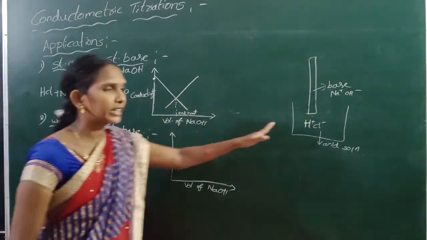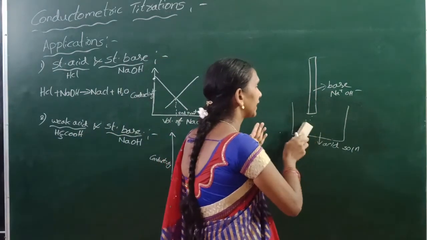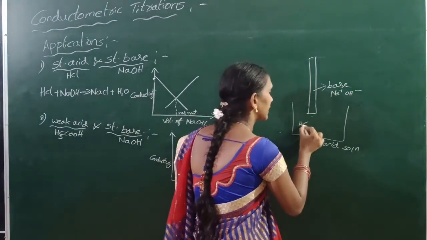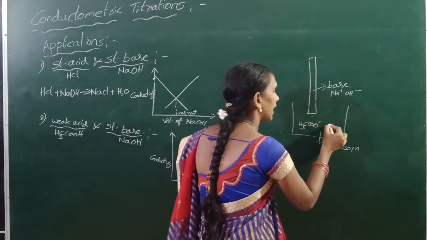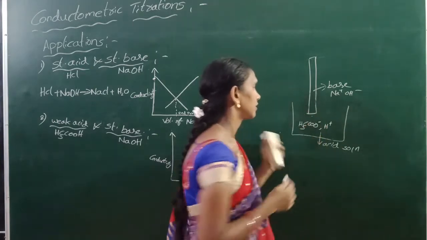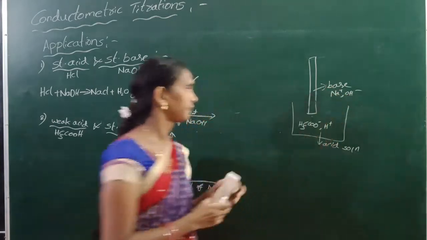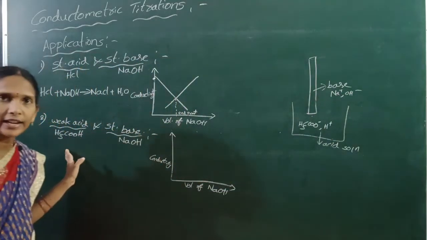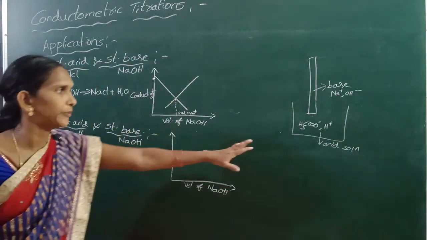Now in the conductivity cell, we can take CH3COO- and H+ ions. That means in the conductivity cell we take weak acid, that means acetic acid.